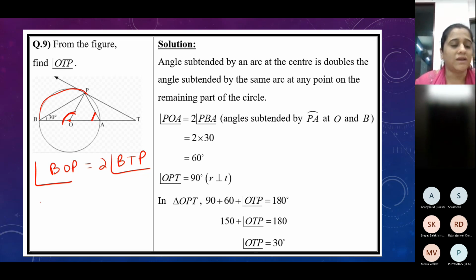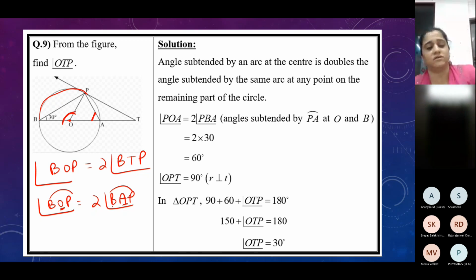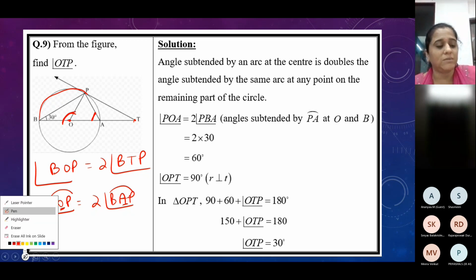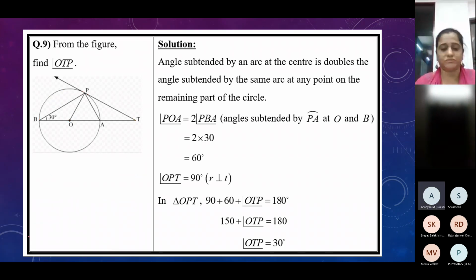Angle BOP is equal to twice angle BAP is correct. You are applying the theorem correctly, because both are made by the arc BP, one at the center and one at the point A on the circumference of the circle. T is a point lying outside the circle, so the theorem cannot be used with angle BTP. Am I clear, Ananya? Yes, ma'am.